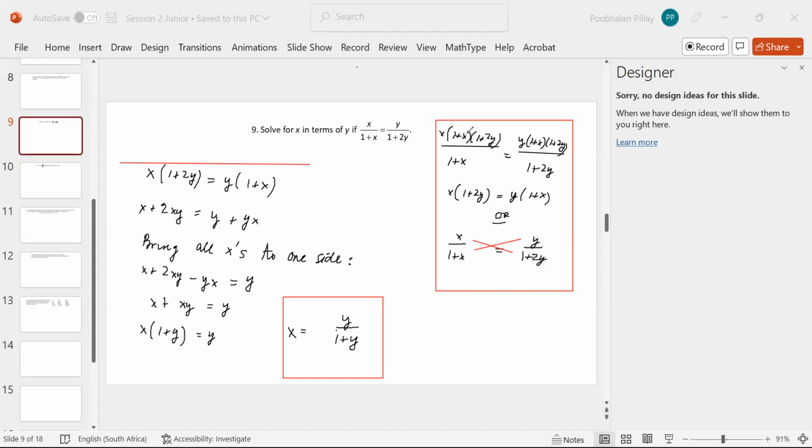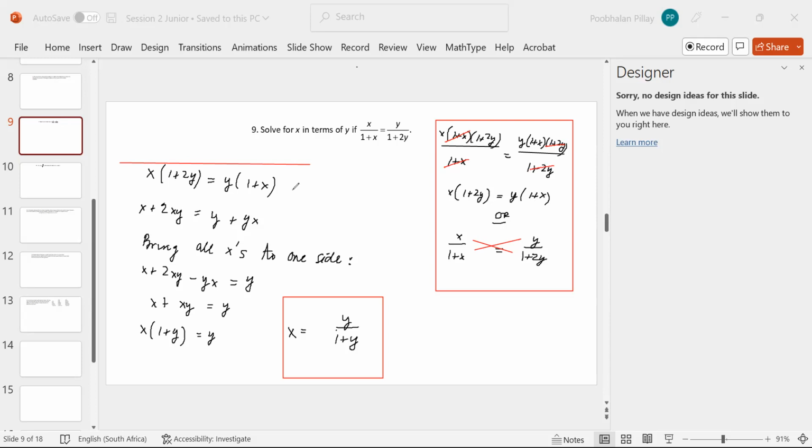Now you can see the like factors cancel. So you have x into 1 plus 2y equals y into 1 plus x. You could have obtained this by cross multiplying.